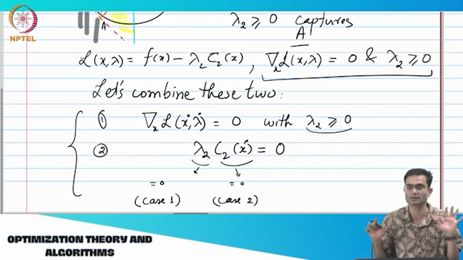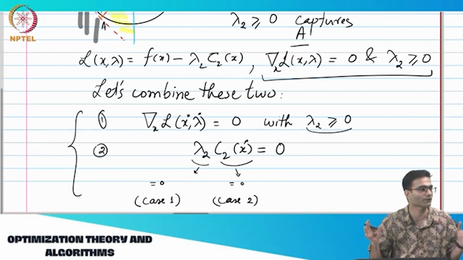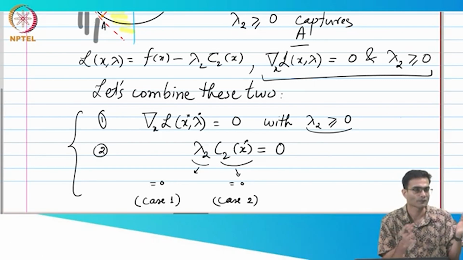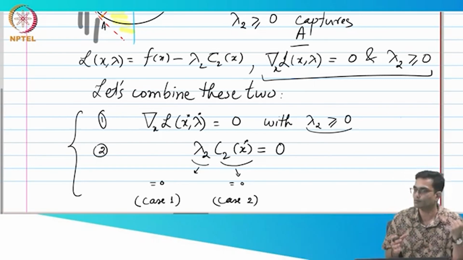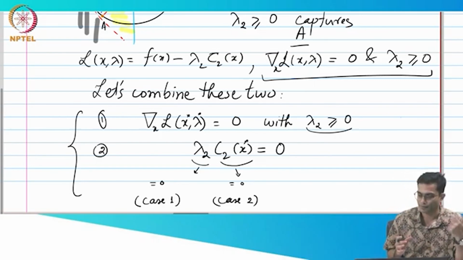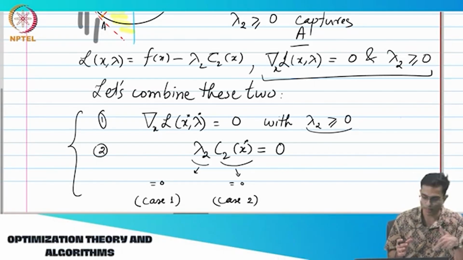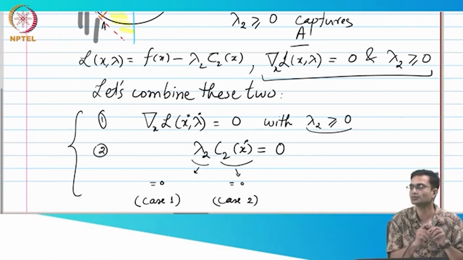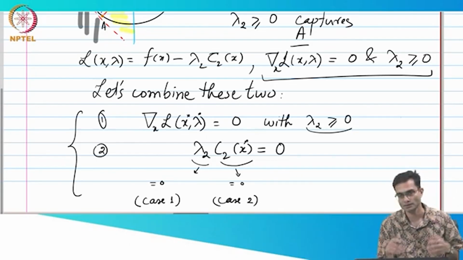I say that these are the two conditions necessary for sufficing as a check for a stationary point. Grad L equal to 0, the Lagrange multiplier is greater than equal to 0, and lambda 2 C2 equal to 0. Okay. So this second condition turns out it is used so often in optimization, there is a name given to it.